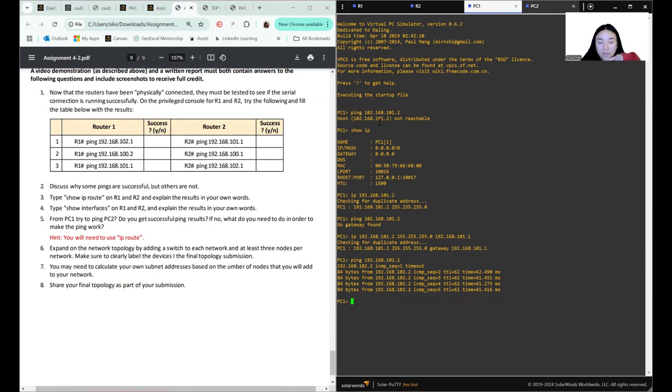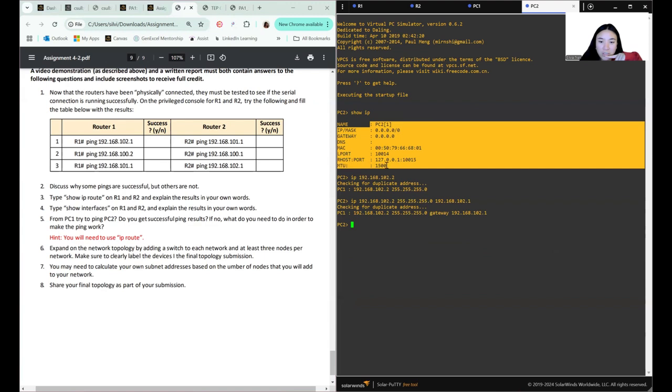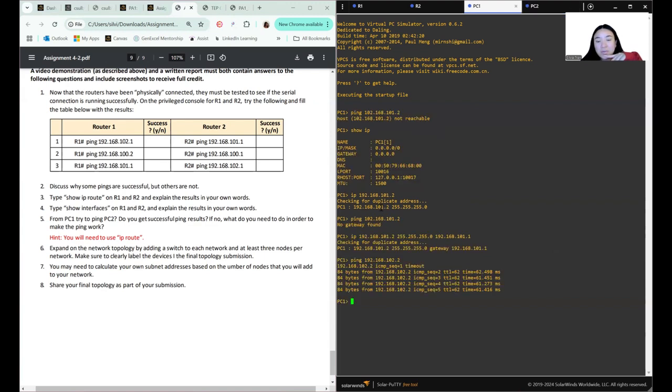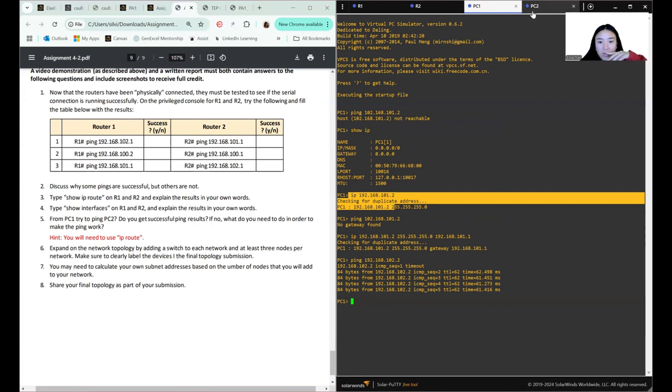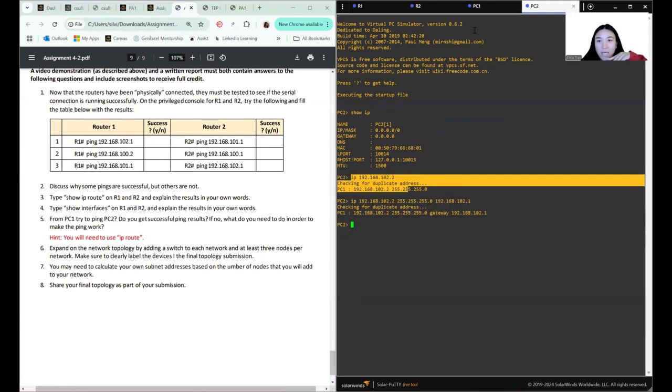And then same thing goes for PC2, no address has been assigned. So I gave both PC1 and PC2 an assigned address right here and right here. And then that worked.